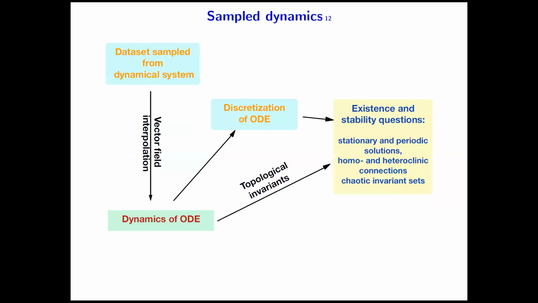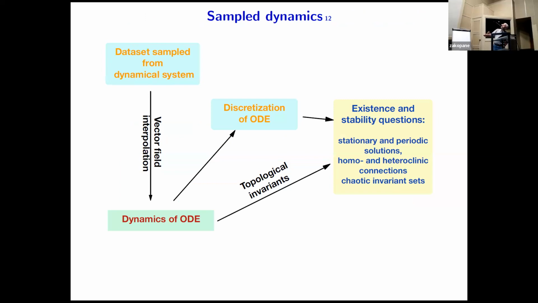But one thing here is a little bit strange, because going back to this picture we had a moment ago, now imagine we have this data sample from a dynamical system, and what do you do? You build via this interpolation a classical dynamical system, and then most likely you discretize it again, and then you use these topological tools to get to the conclusion.